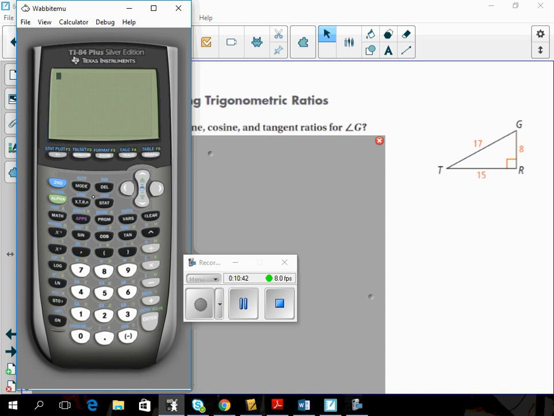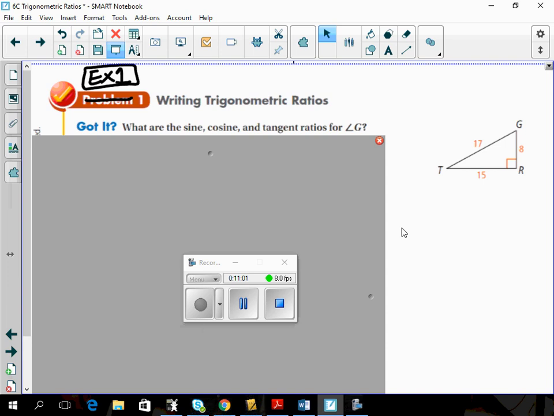So we're going to say 17 squared, and that should equal 15 squared plus 8 squared. Is it a right triangle? Yes. Good. I've got a right triangle. I'm good to go. So I want to be able to write the trigonometric ratios in terms of angle G. So let's go ahead and label angle G. And then let's do our O, H, and A.